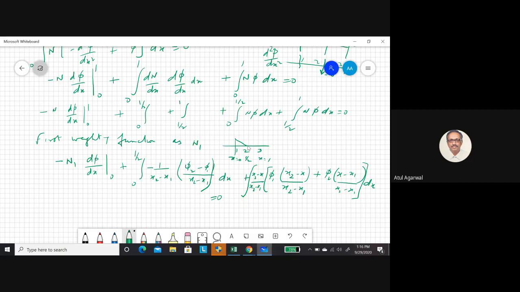Similarly, we'll take n is equal to n2, so our weighting function will be this. Third time we do like this. So we get different weighting functions. We use different weighting functions to generate different equations.